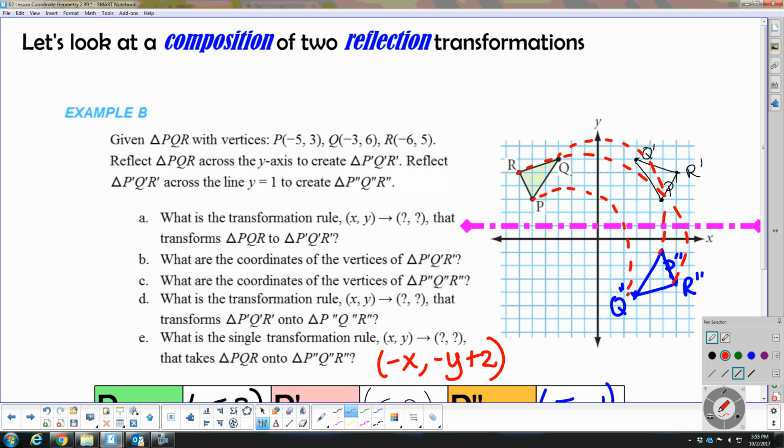So we're doing 180-degree rotation, but we're also shifting this instead of rotating it around the origin. It's also shifting.